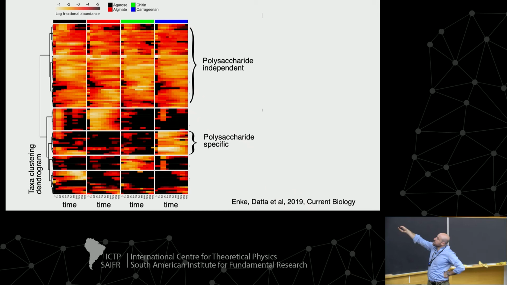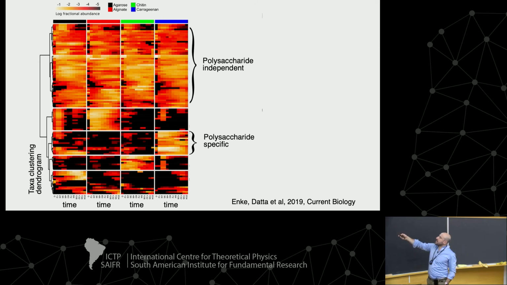And so these are species that became abundant, because this light yellow towards white color indicates high abundance, in all the systems, regardless of the substrate, okay? And it's actually like half of the things that we can detect have very similar dynamics, very similar abundance, regardless of the substrate. They didn't care what we gave them to eat, okay?